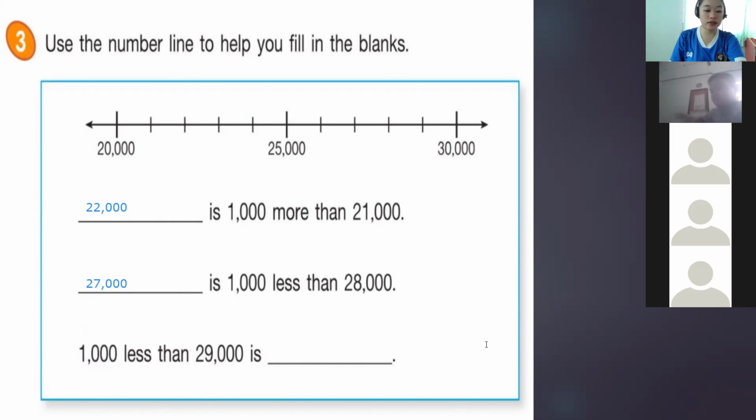Okay, so next is 1,000 less than 29,000 is equal to 29,000 minus 1,000 is equal to 28,000. Okay, so this is the answer for exercise 3. 22,000, 27,000, and 28,000. Okay, are you finished? Yes.